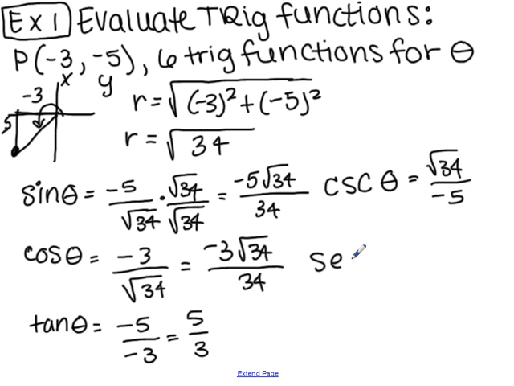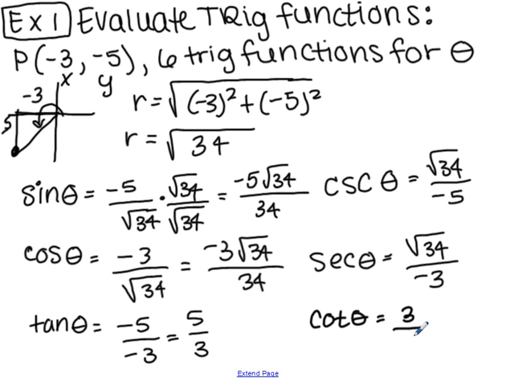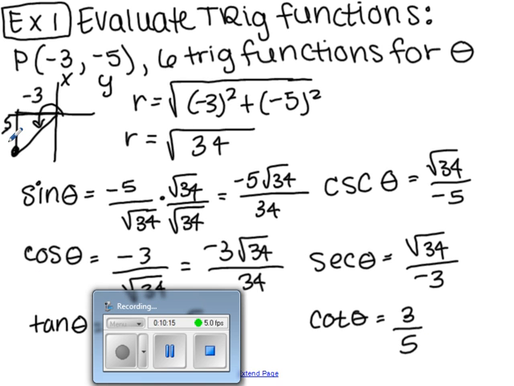Secant is the reciprocal of cosine, so it's going to be square root 34 over negative 3. The last one, cotangent. It's going to be the reciprocal, so it's 3 over 5. And there's all 6 trig ratios.